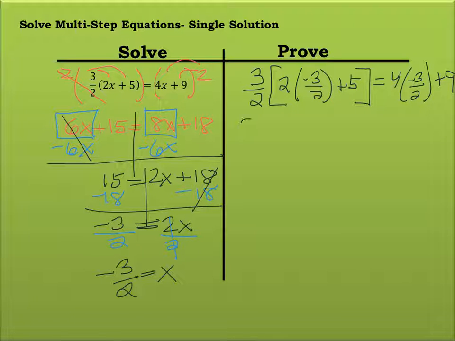I've got to work inside the grouping first. So I'm going to keep my 3/2 out here, leave it alone. I've got 2 times -3/2. That's -6 divided by 2 is -3, plus 5. And we've got 4 times -3/2.